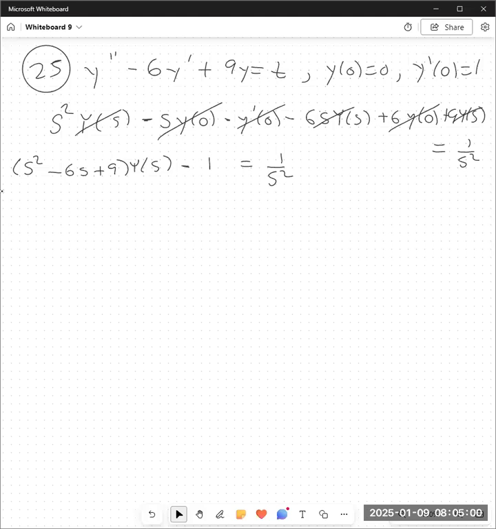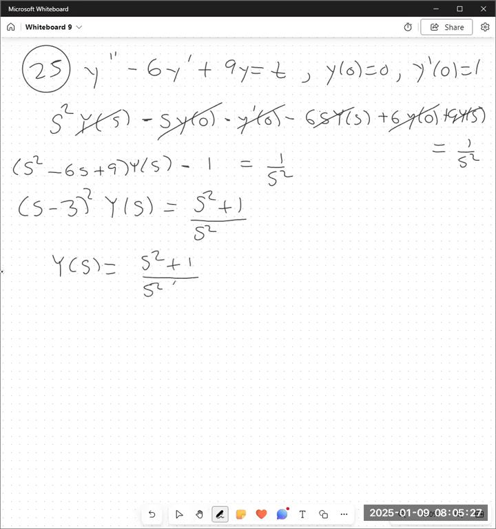So I'm going to add 1 to both sides. When I do that, I have s minus 3 squared capital Y of s is equal to s squared plus 1 over s squared. So capital Y of s is equal to s squared plus 1 over s squared times s minus 3 squared.